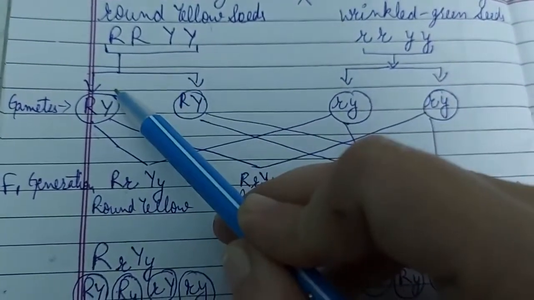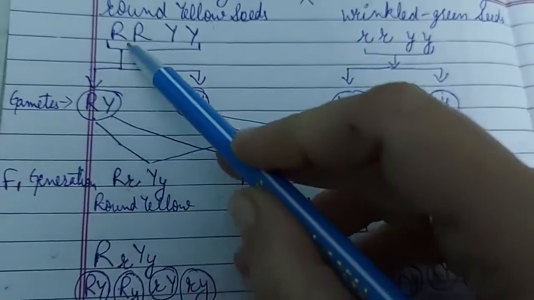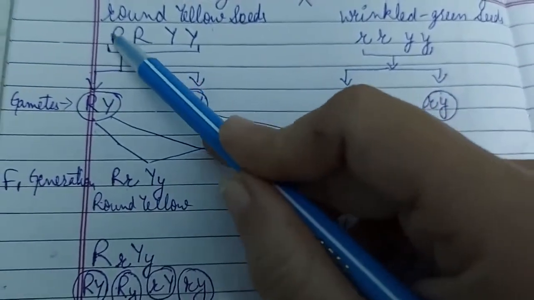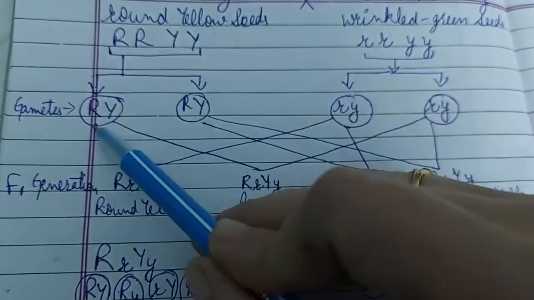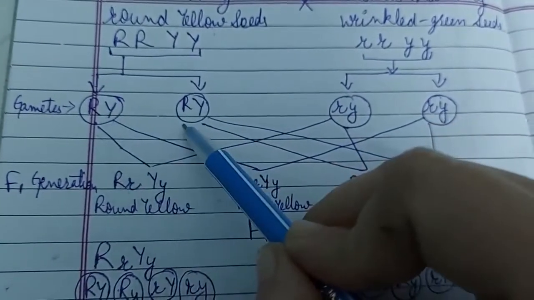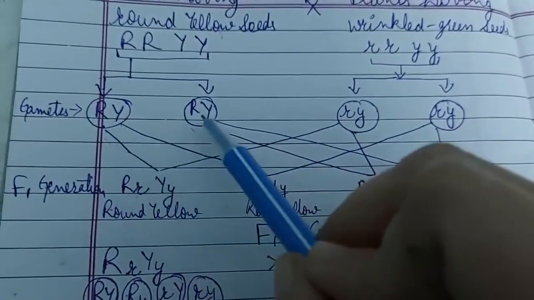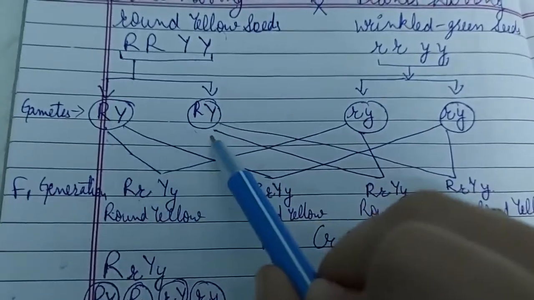from both characters one gene will go into one gamete, just like one R from round and one Y from yellow. Both the gametes have the same composition and get the same number of genes for the same character.